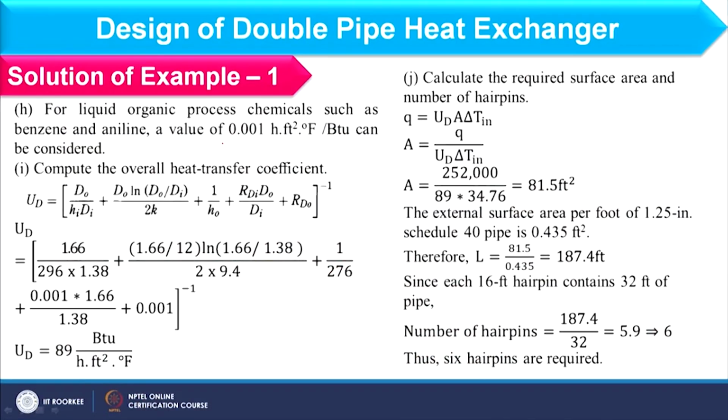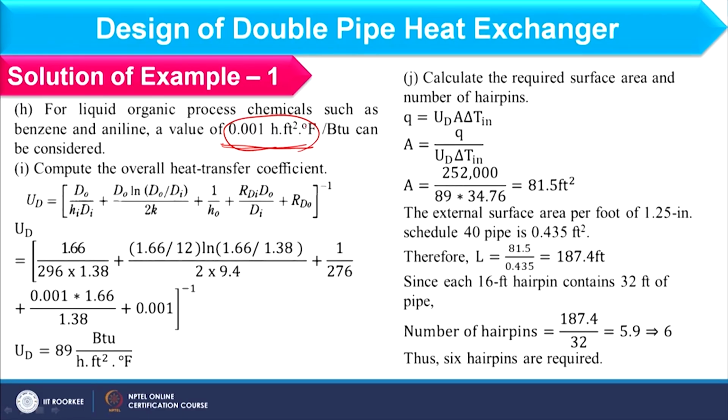So, we can consider the same dirt factor for both fluids, because both fall in the same category. For that purpose we have considered the dirt factor as 0.001 hr ft² °F per BTU, for both fluids.